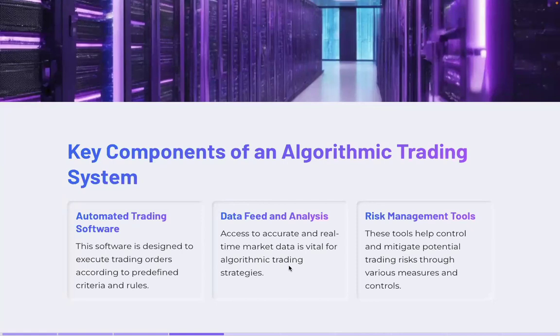Then you need data feed and analysis, right, to access accurate, real-time market data. This is vital for algorithmic trading strategies, and the TopFX broker can provide you this without any problems. And of course, you need risk management tools, those tools that can help you control and mitigate potential trading risk through various measures and controls.